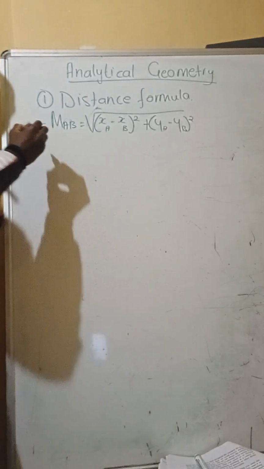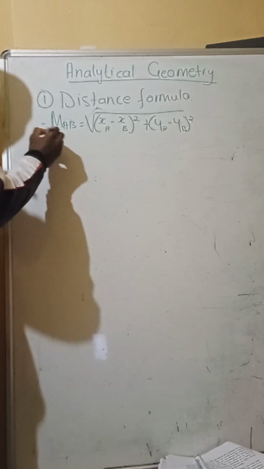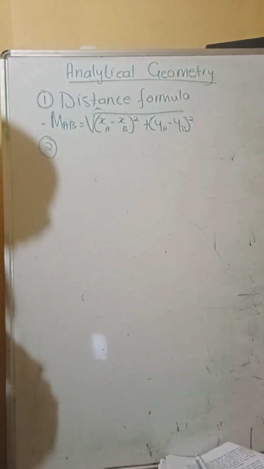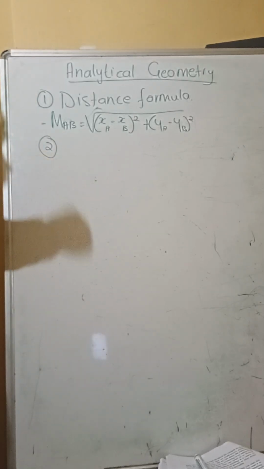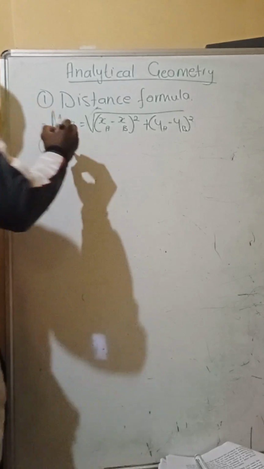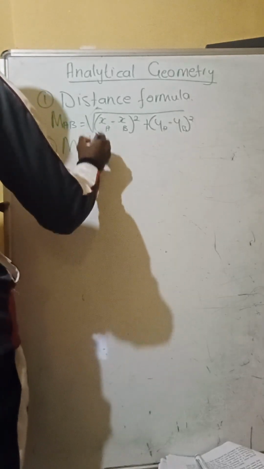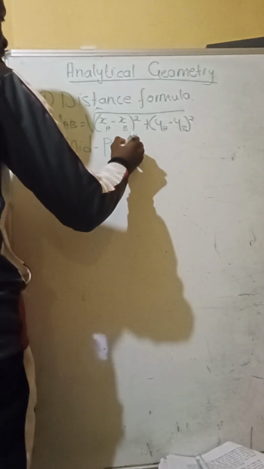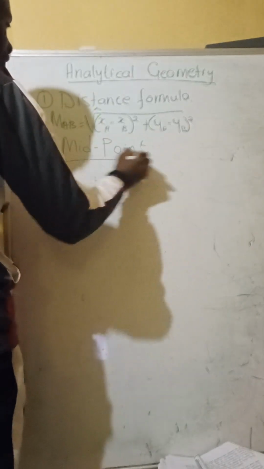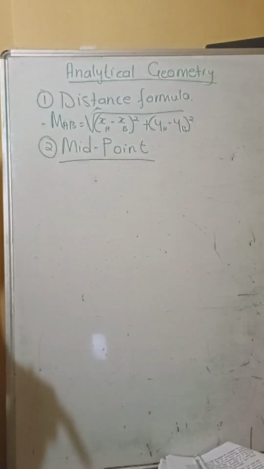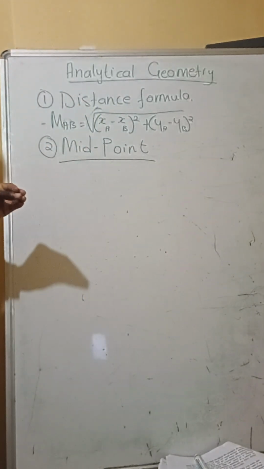Now the second one, I'm first going to introduce the topics. The second one that we are going to use is the midpoint. This one is all about finding the middle point.